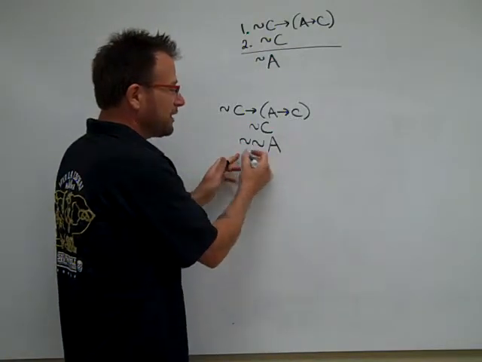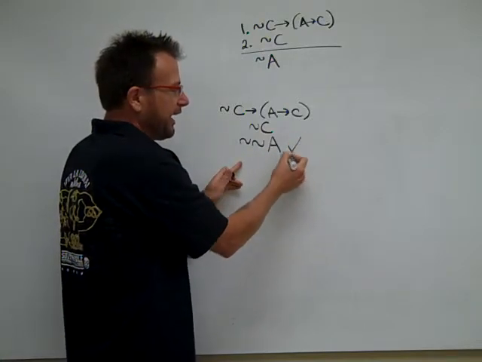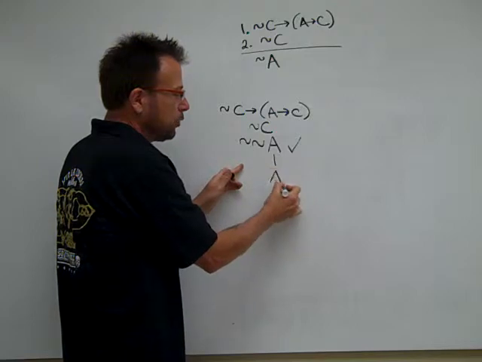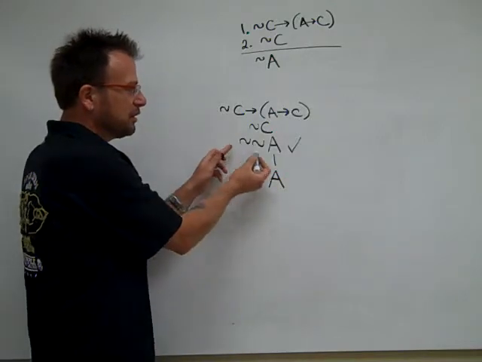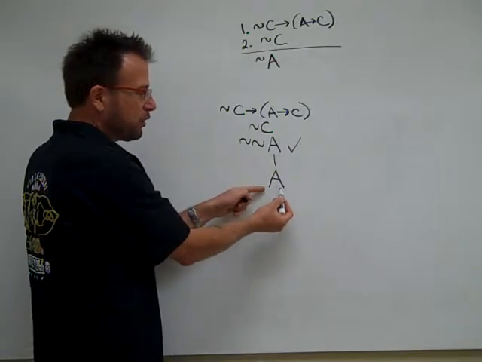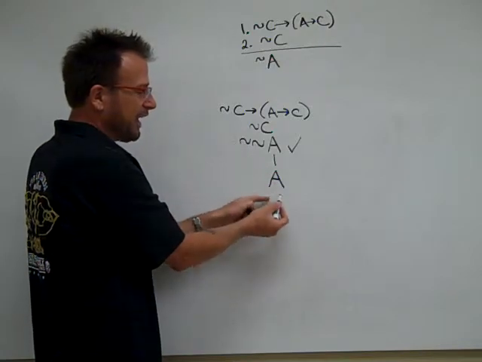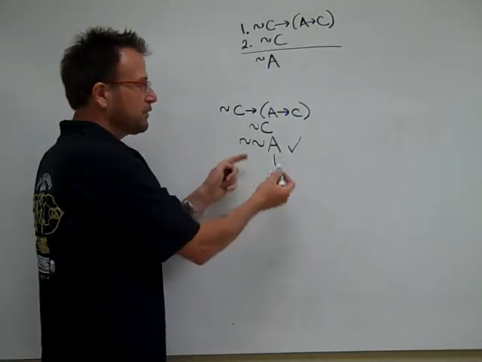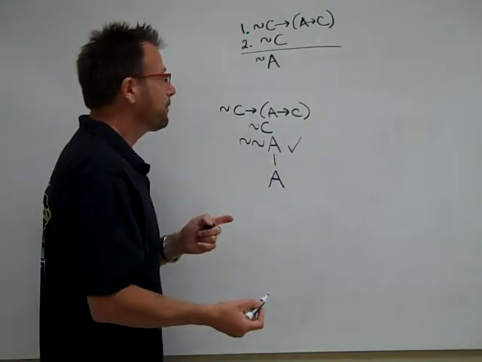Well, we know that the double negation rules itself out. So not A will be true when A is true. Remember what the tilde does to the truth value of the simple statement. If A is true, then tilde A is false, and tilde tilde A is true. So not not A is the same as A.